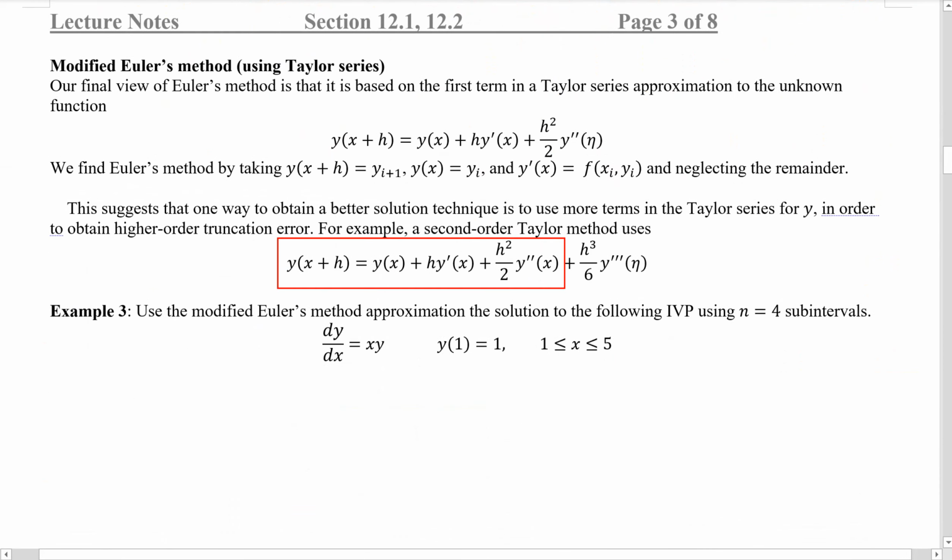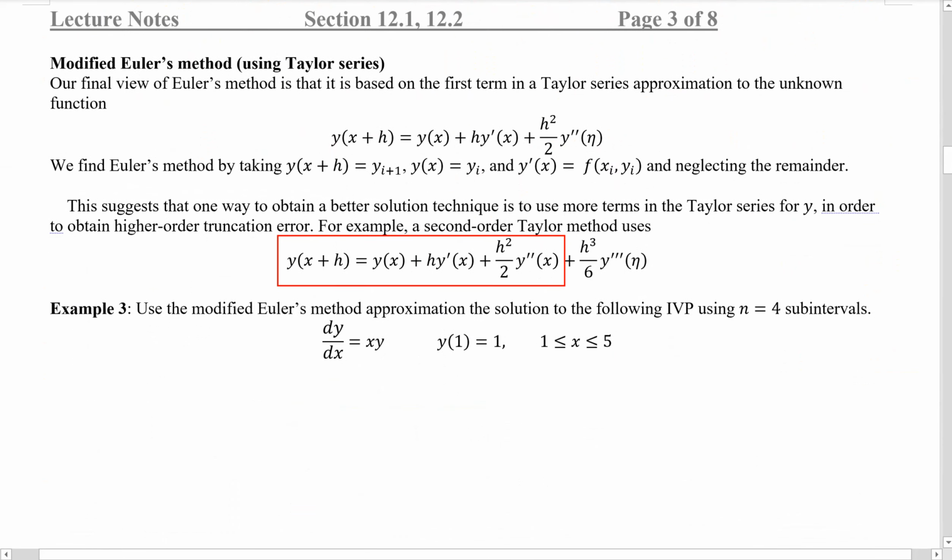Let's look at the modified Euler's method. Our view of Euler's method is that it is based on the first term of a Taylor series approximation to the unknown function. This is our approximation and this is the error. That's Euler's method. This suggests that one way to obtain a better solution technique is to use more terms in the Taylor series for y, in order to obtain a higher order truncation error, for example, a second order Taylor method.